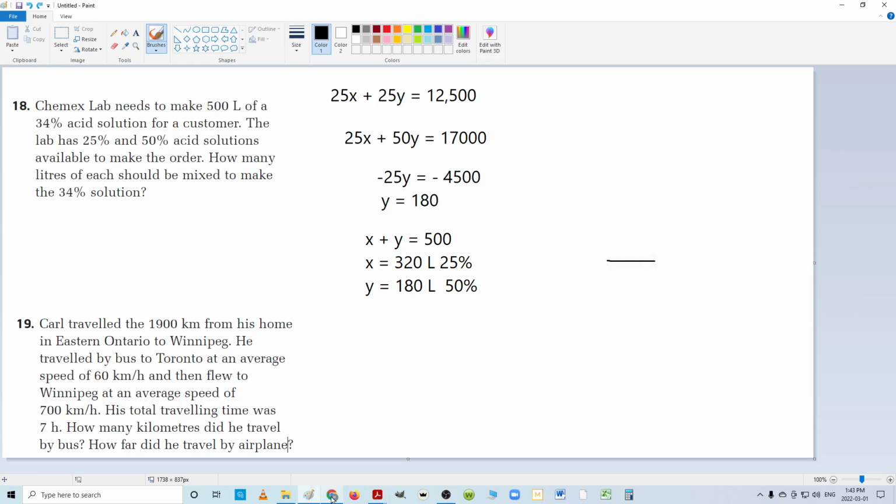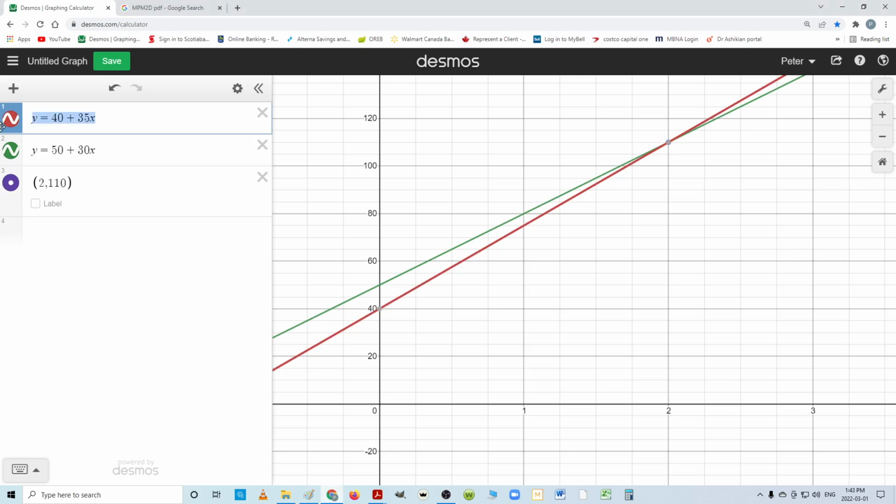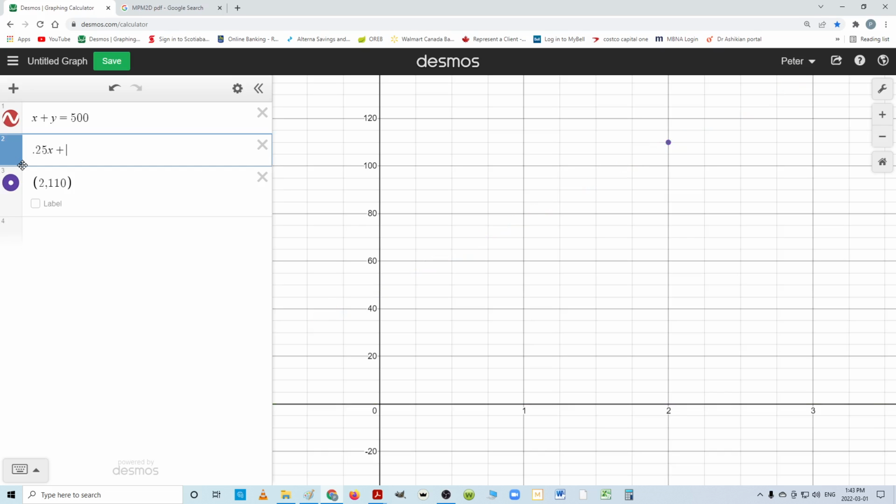Yeah, we can always pull it up in Desmos though. So x plus y has got to equal 500. And 0.25 of x plus 0.5 of y is equal to 0.34 times 500. And apparently they're going to meet.